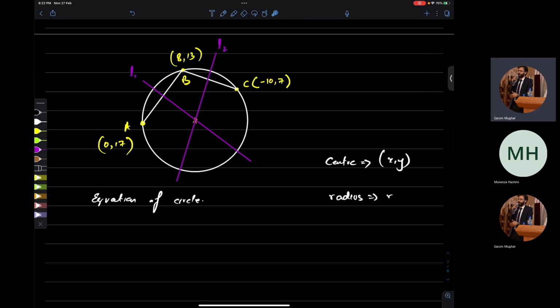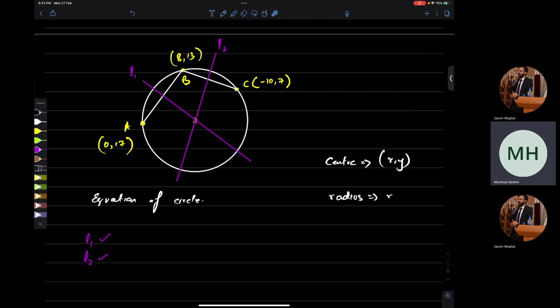So let's say I've already worked out the two equations. I've got the equation of L1 and I also have the equation of L2. How can I find the center of the circle by using these two equations? You have to figure out where they intersect each other. That is the center of the circle.